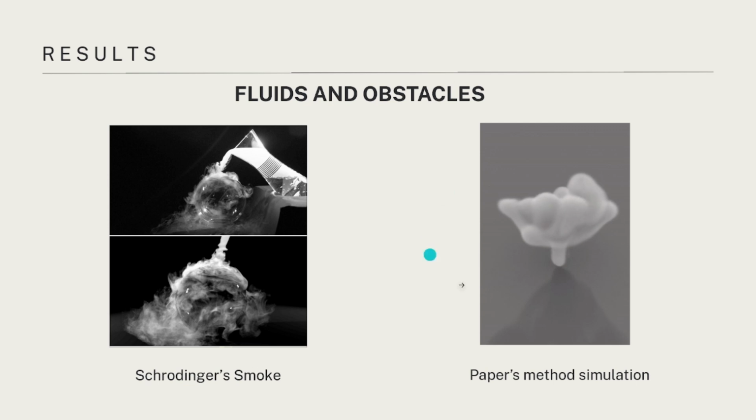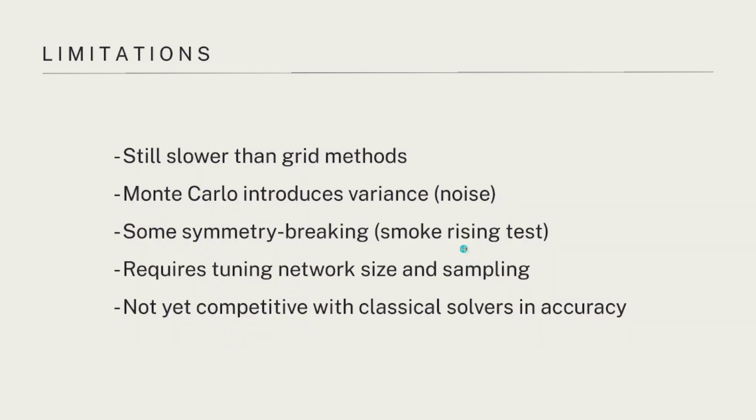But of course, this method is not perfect. We still have some limitations. It's still slower than the grid methods, unfortunately. The Monte Carlo introduces variance, that is basically noise. Some symmetry breaking in smoke, as we can see in the smoke rising test.